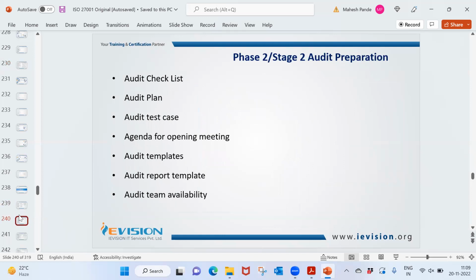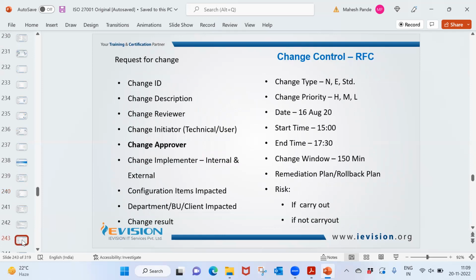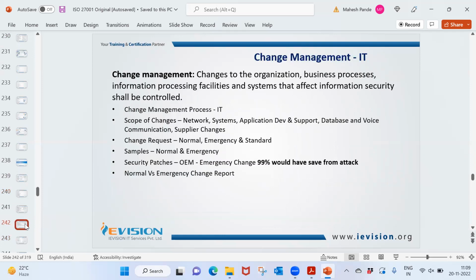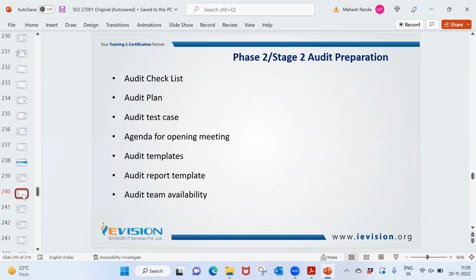Now, I would like to talk about the audit plan. What will be included as a part of the audit plan in phase 2? Who are the team members?